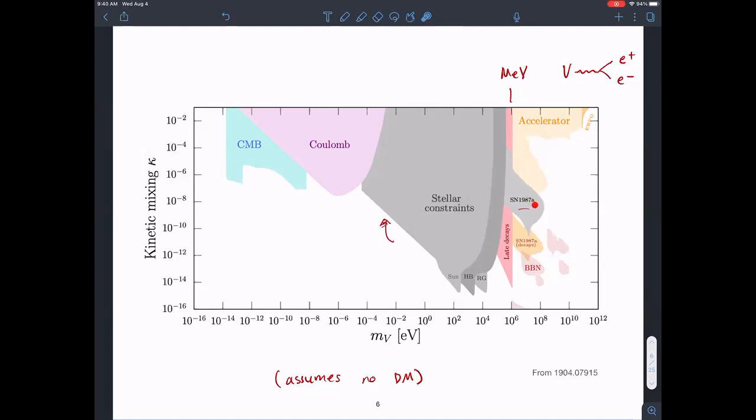The bottom one is interesting. I have to double check, but I believe it's from the fact that these dark photons escape and decay to e+e-, and you observe the e+e-, and that leads to this constraint.